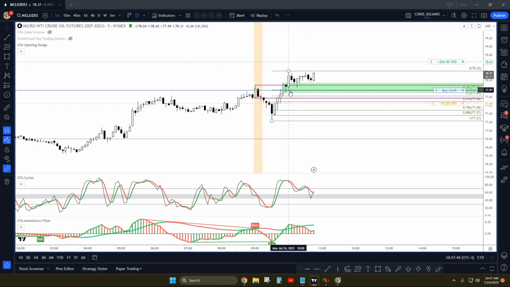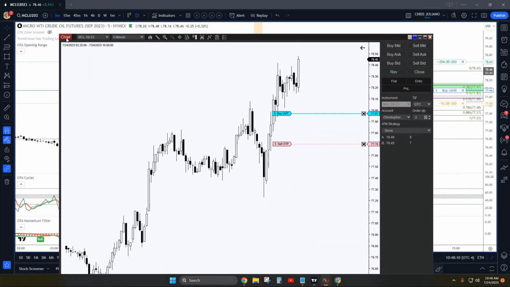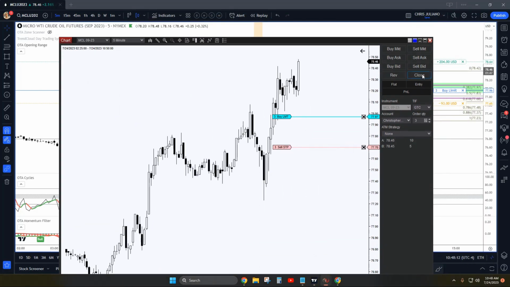So we really should be in this already. If this breaks out and hits that 2 to 1, I'm canceling on my NinjaTrader. There you go. Beautiful. We were a little late. I'm going to cancel that on my NinjaTrader.